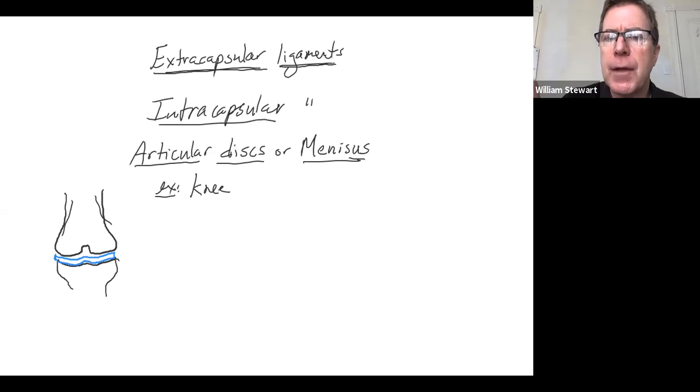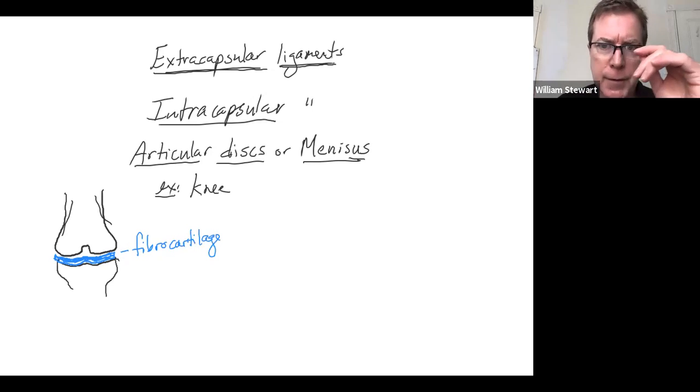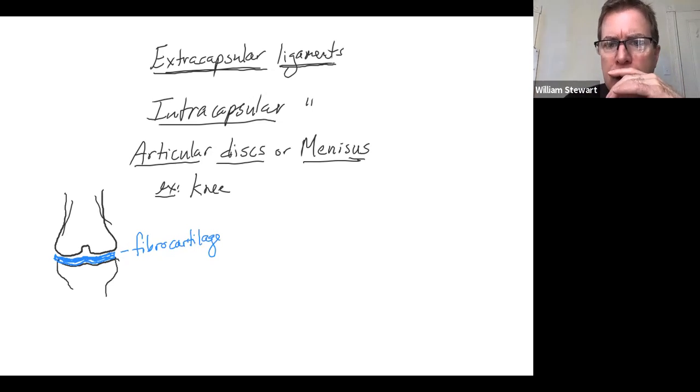That's what it looks like from a frontal view. It's actually fibrocartilage. It's not hyaline cartilage. From a bird's eye view, it kind of looks like this.